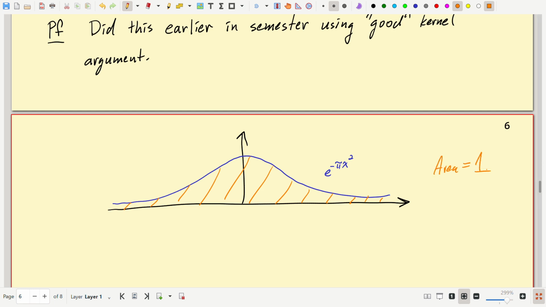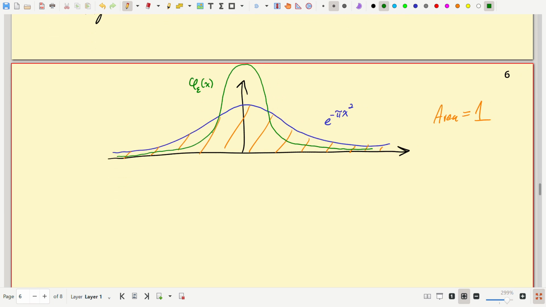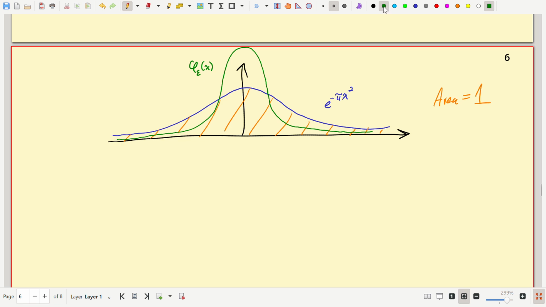And if I take a bump, then the area is still 1, but it would concentrate the area around 0. So this would be the phi sub epsilon of x. The area under that one is also 1, but it's more concentrated at 0. So the area under the phi sub epsilon is also 1.